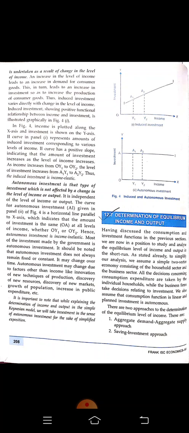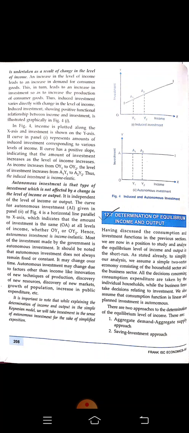The aggregate demand refers to the total desired expenditure on the commodity. Total desired expenditure comprises planned expenditure on consumers' goods by the households and planned investment expenditure on capital goods by the business firms.